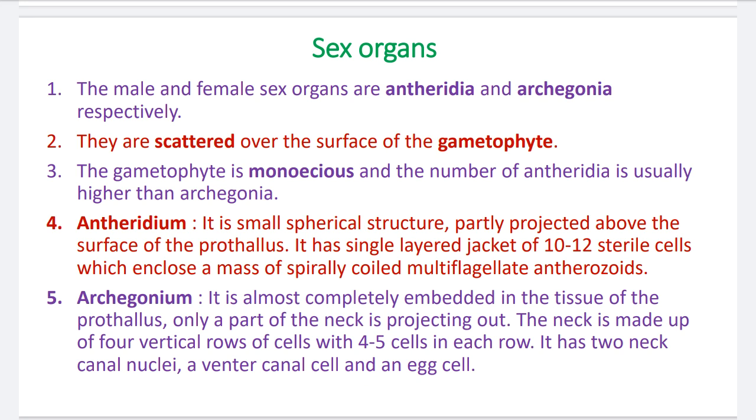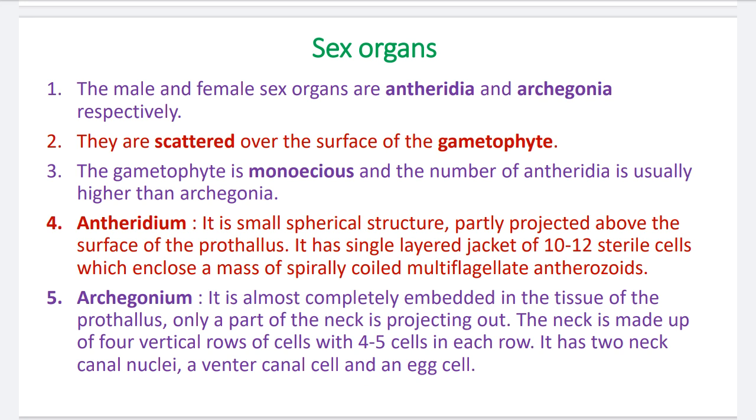They are haploid, containing a single male nucleus, and they are motile structures. Why motile? Because they have many flagella, so they are multiflagellate. On the contrary, the archegonia have the egg, which is the female gamete, a non-motile structure, and the egg has a single female nucleus.